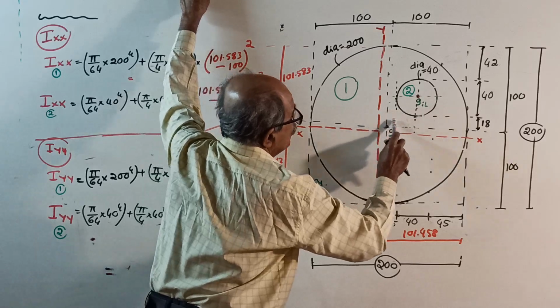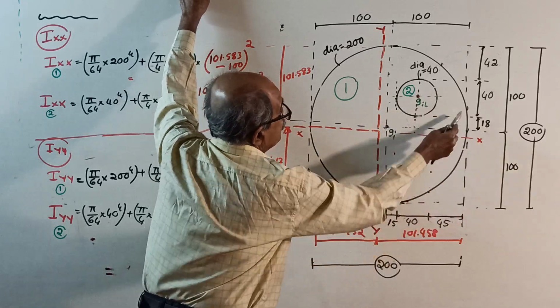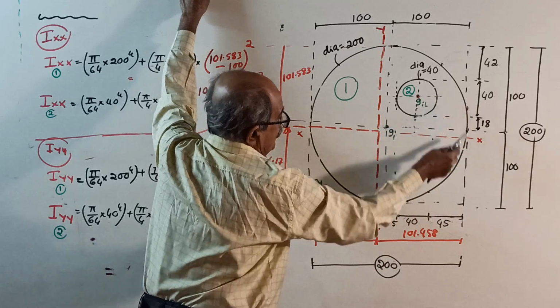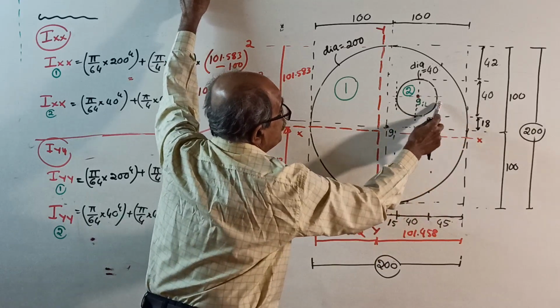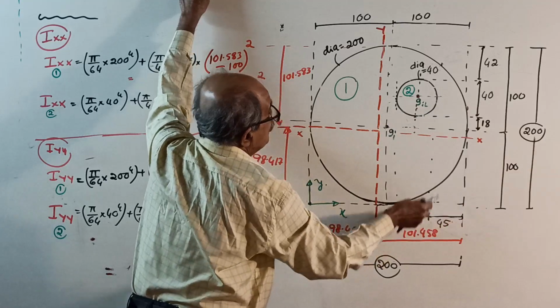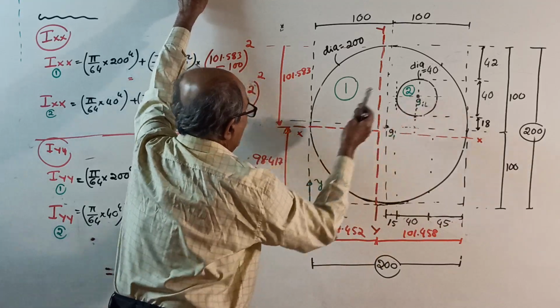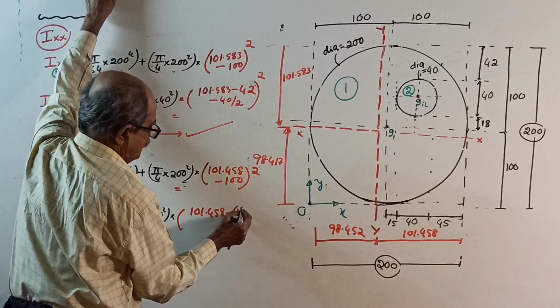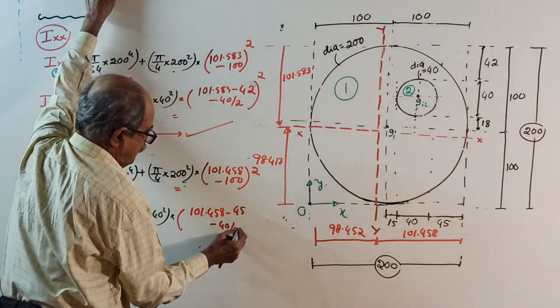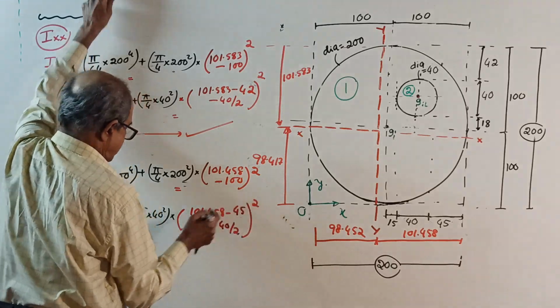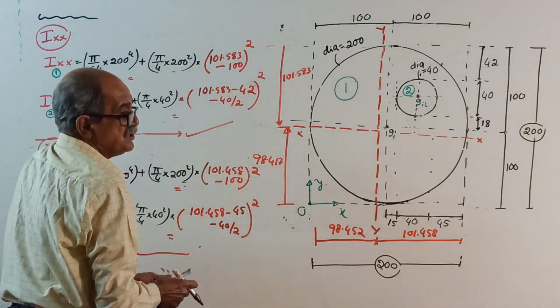So 101.458 minus 45, from here to here is 45, from the right extreme edge. 45 minus half of 40, whole square. Calculate, then complete the question.